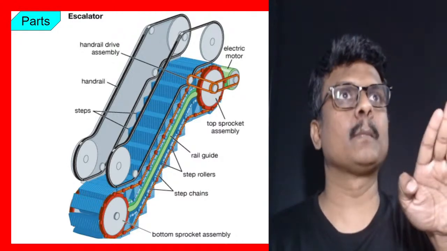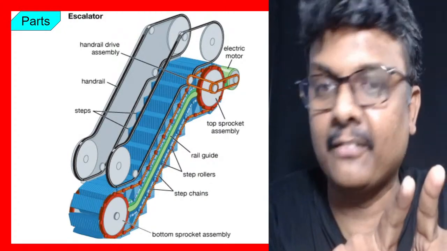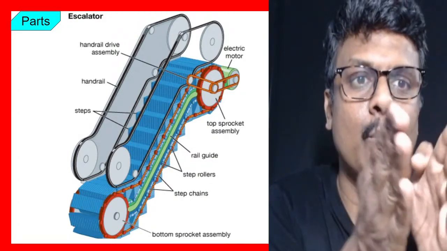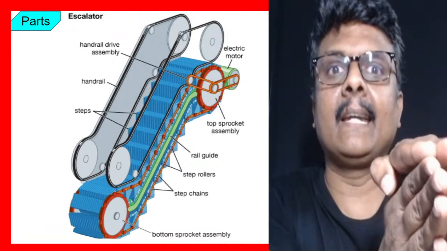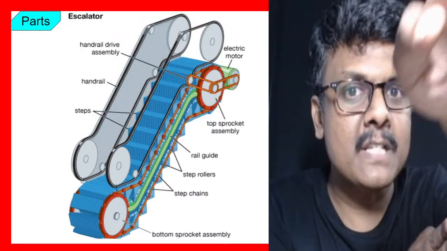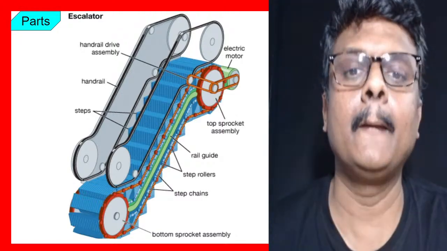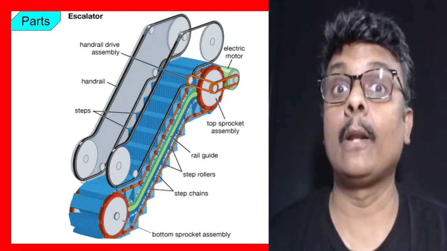For the handrail to move in a specific place, there is a small track kind of a thing. You have seen train tracks, right? Like train tracks, you will have something above which the handrail will be kept. The train moves exactly in the track. Similarly, for the handrail to move in a specific direction accurately, you will have a rail guide. It is called a rail guide.